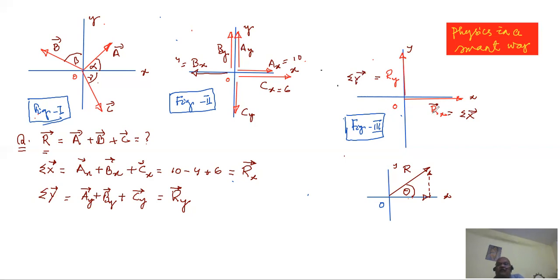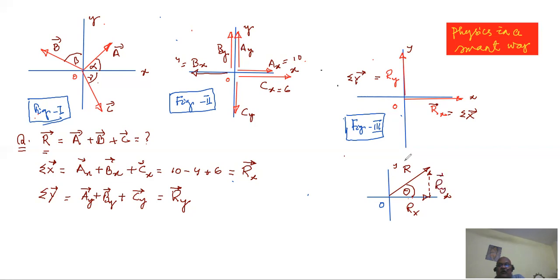Then we clearly realize, at the last step, if you combine Rx and Ry, those will yield a single vector. Combining Rx and Ry gives us a single vector, and that has to be the resultant. So you know how to combine them. This is Rx and that is Ry.